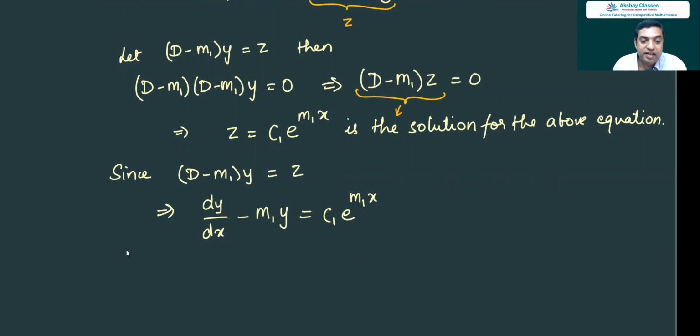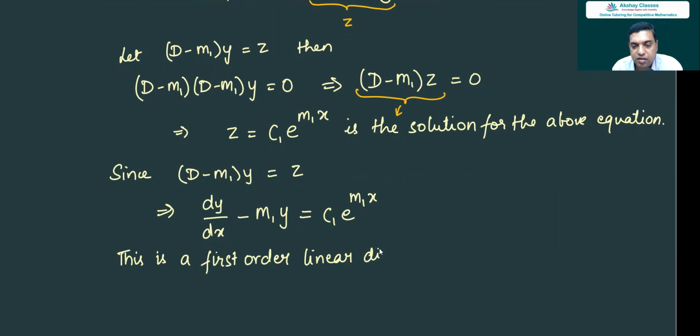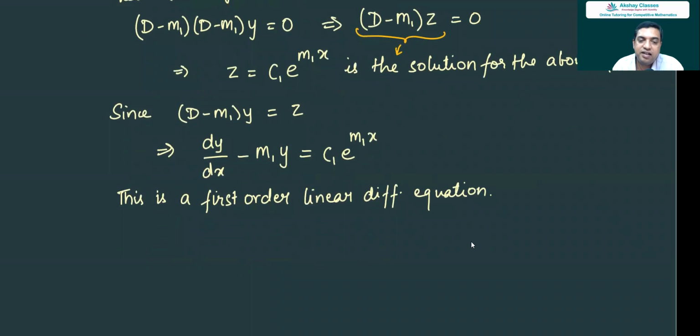This is a first order linear differential equation. Its solution: you have to find the integrating factor. Integrating factor is e power integral p dx, that is e power minus m1x.